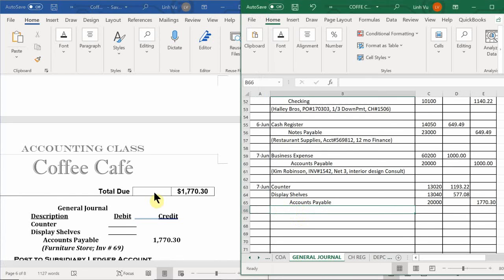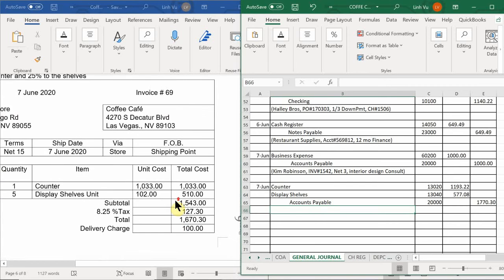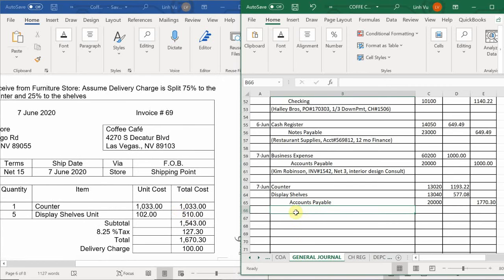Here we also have all the information we need to fill in the description, because in this case, I'm not paying for it yet. I am just being billed for it. So this was for the furniture store. This was invoice number 69.